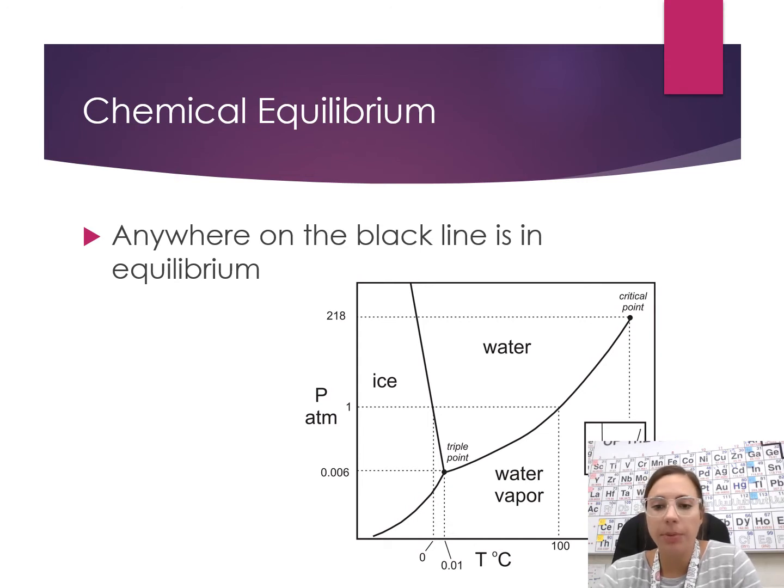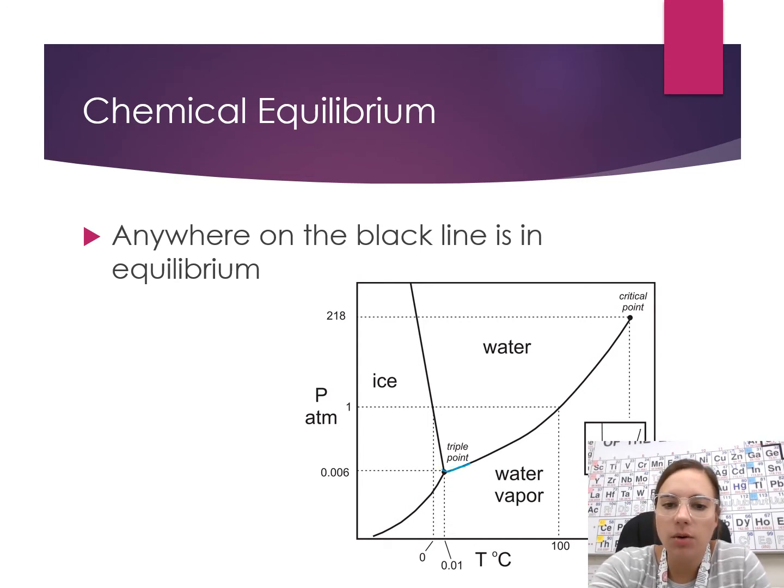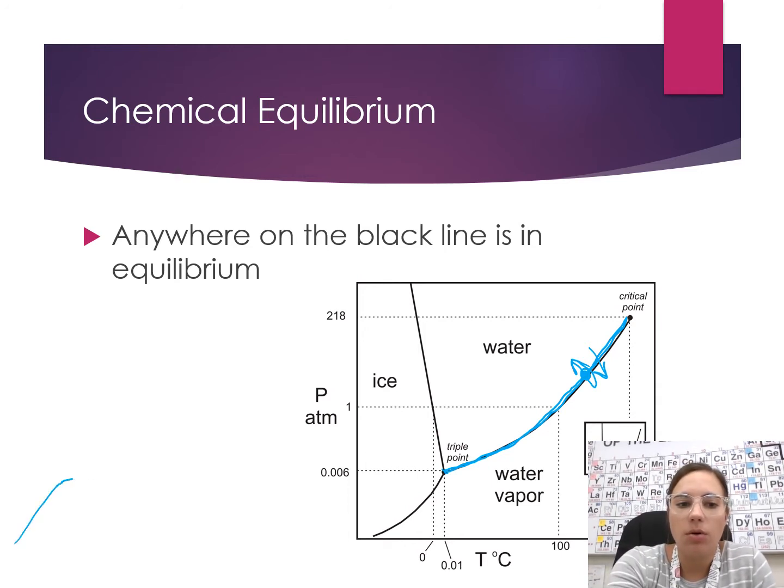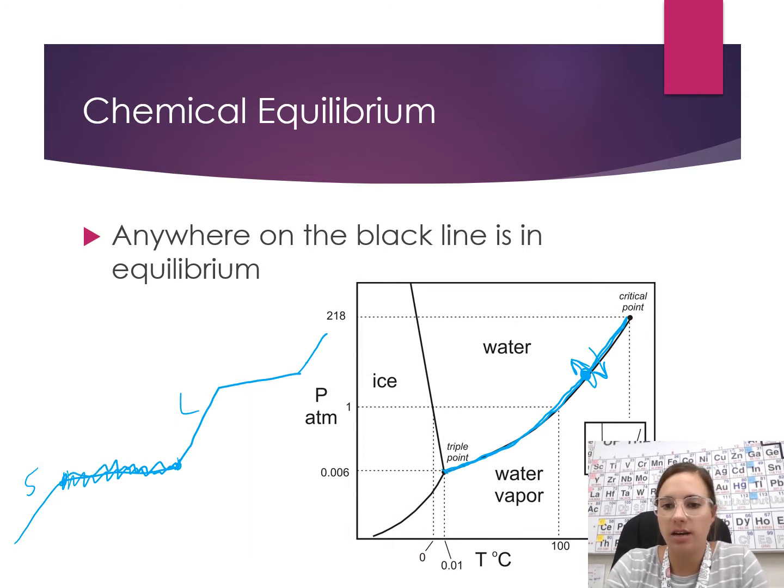But I like to point it out because anywhere along this line, if you are perfectly at, for example, this specific pressure and temperature, you are in perfect equilibrium between gas and water. If you think about a phase diagram or a heating cooling curve from solid to liquid, anywhere along this line, we're in equilibrium between the solid state and the liquid state.